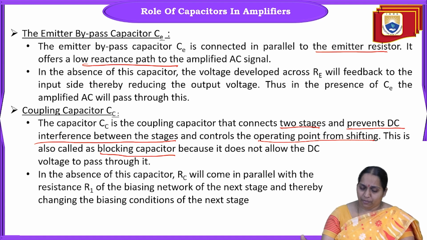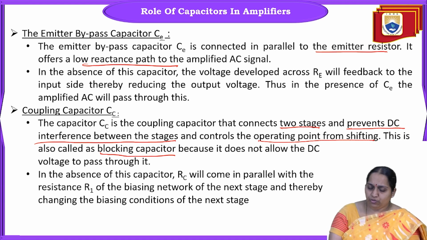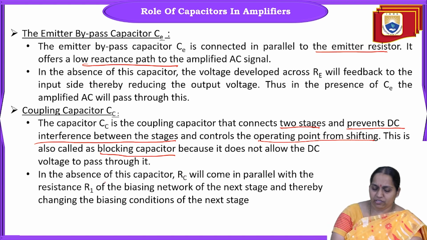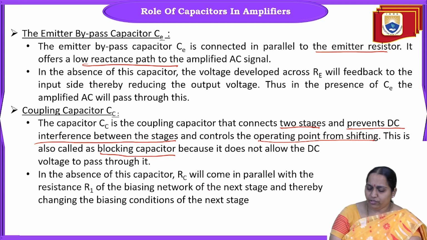In the absence of this capacitor, RC will come in parallel with the resistance R1 of the biasing network of the next stage, and thereby change the biasing conditions of the next stage.